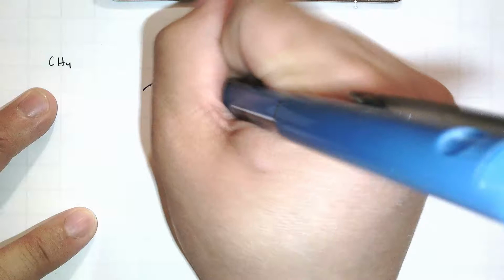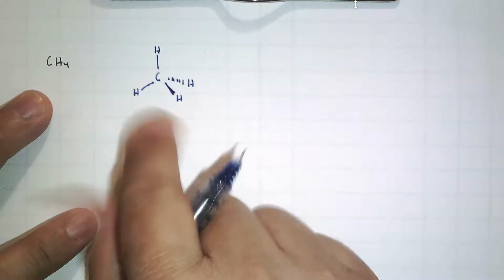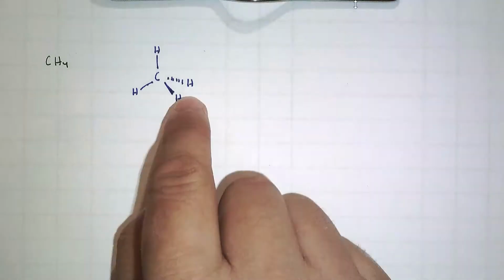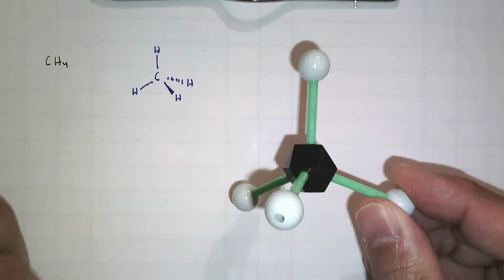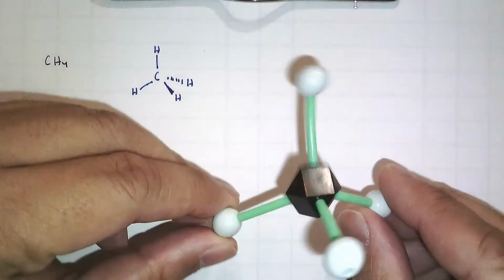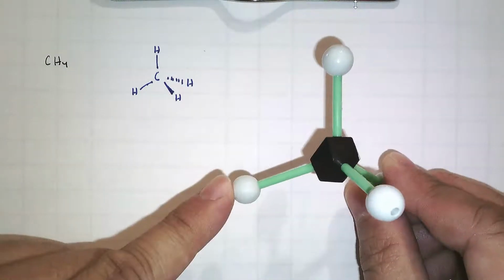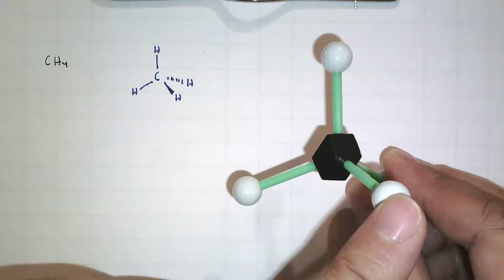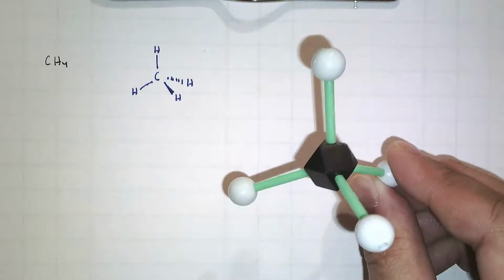The shape might be new for many of you, and it is going to be indicated with wedges and dashes. Wedge means a bond coming towards us, a dash means a bond going away from us, and here's a model. If I hold it like that, you see how the bond to the left is in the plane of the paper, whereas this hydrogen is coming towards us, and now the hydrogen I'm holding is going away from us.